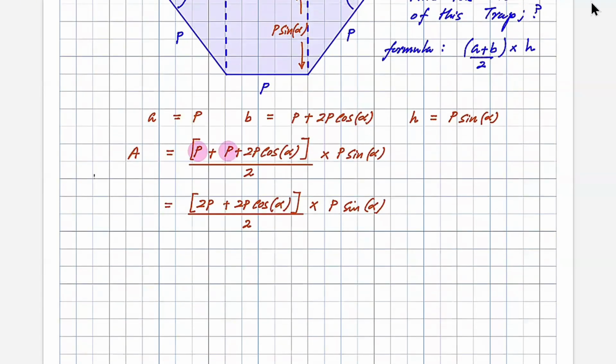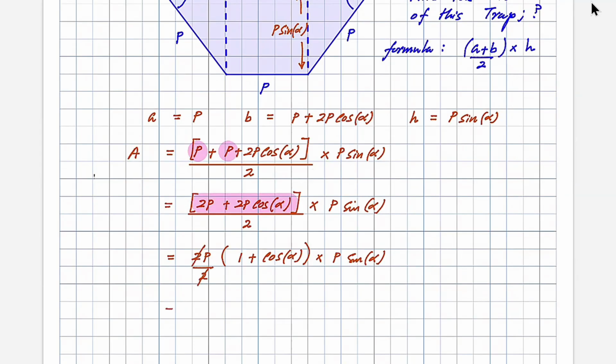So now, when you look into this one, what you can do? You can take the 2P out. We call it factorization. So those things you have to naturally see now, okay, in the future. So you are going to take 2P out. Then it would be 1 plus cos alpha here, right? And I'm going to write P sine alpha after and divide by 2. So I'm going to put that 2 over here so that I can cancel these 2, right?